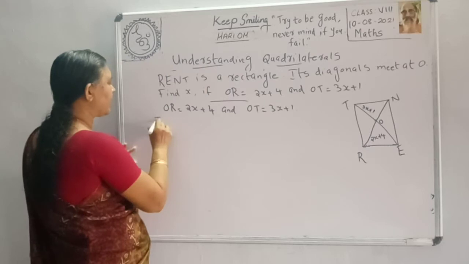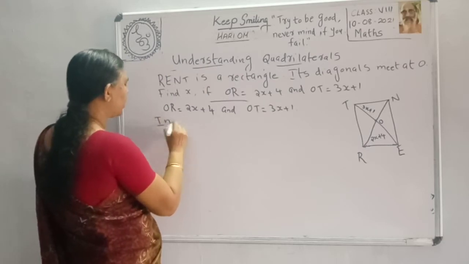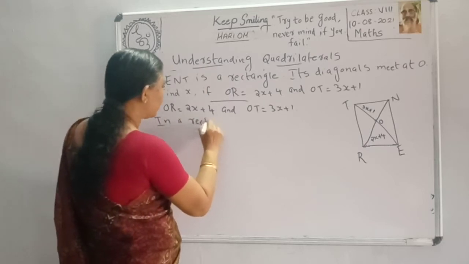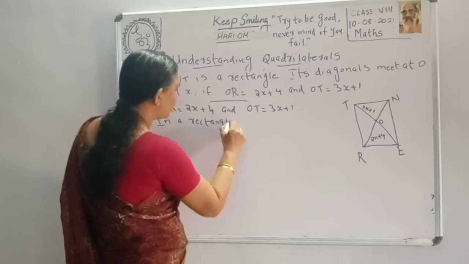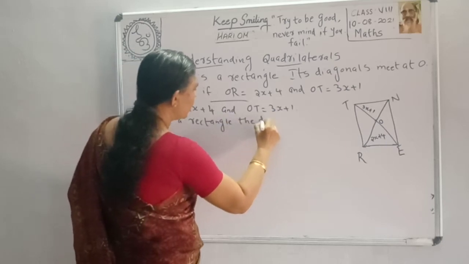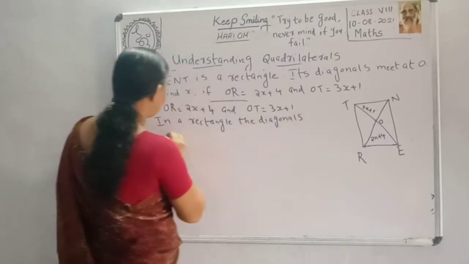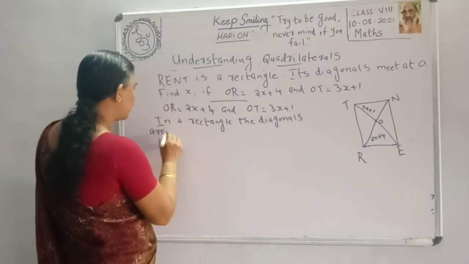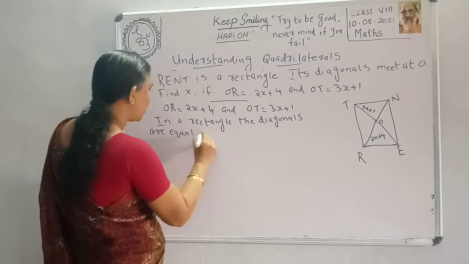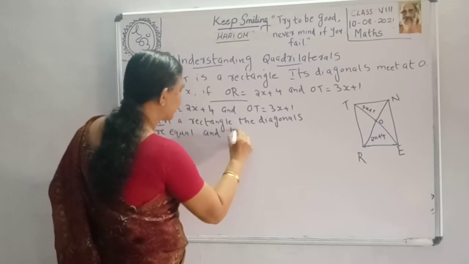The diagonals in a rectangle are equal and they bisect each other.